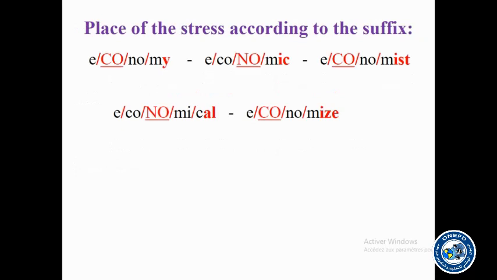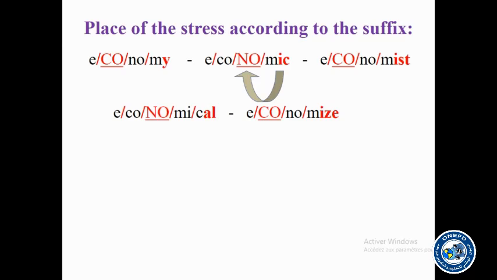So to identify the stress, we are going to work with the suffix. So let's start with economic. We have the suffix "ic" and look at the place of the stress. Notice that it is just before the suffix, economic.